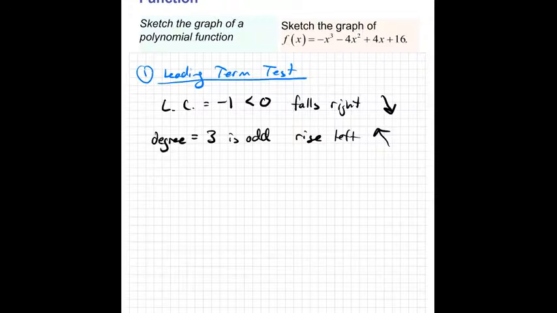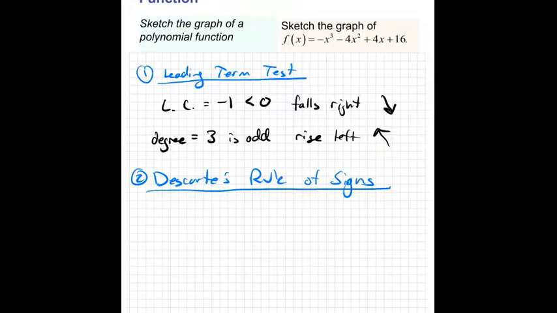Let's do the Descartes rule of signs really quickly. So the way Descartes rule of signs goes, for instance, if we look at the original, f of x equals -x cubed minus 4x squared plus 4x plus 16.